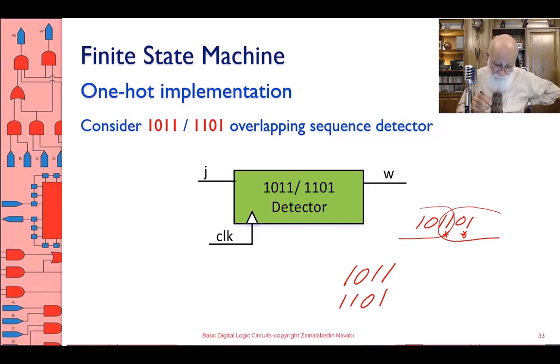And then again, if I receive a 1 here, that is going to get my output to 1 because that is also a 1, 0, 1, 1. This is the first sequence. So this is sequence 1.